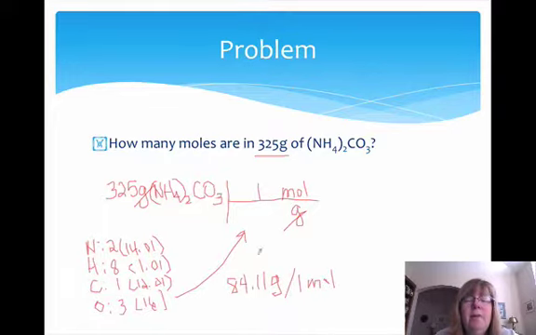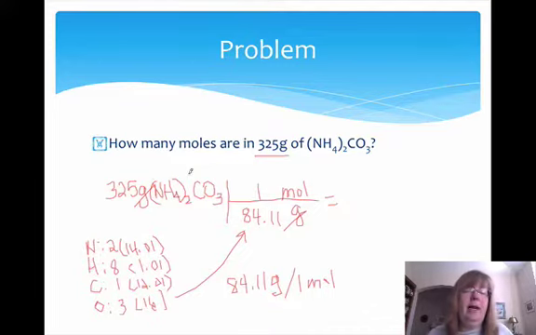So that 84.11 goes here in the denominator, which means we are going to take 325 and divide by 84.11. So in your calculator, put 325 divided by 84.11.